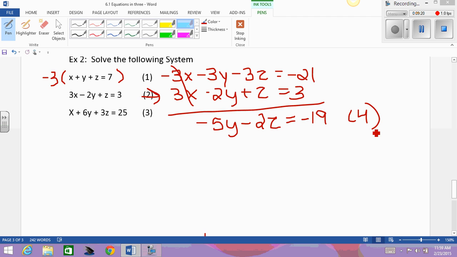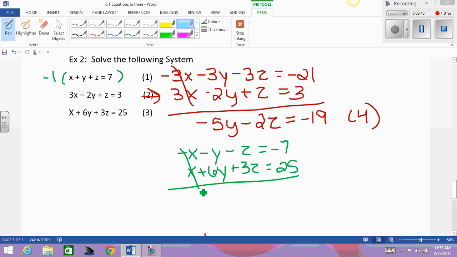We're going to do the same thing again, but now we're working with 1 and 3. So it looks like we have to multiply through by -1. So -x minus y minus z equals -7. X plus 6y plus 3z equals 25.